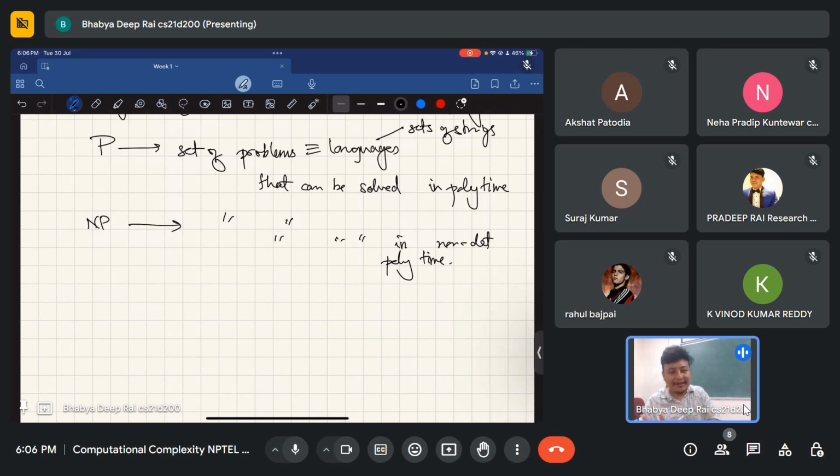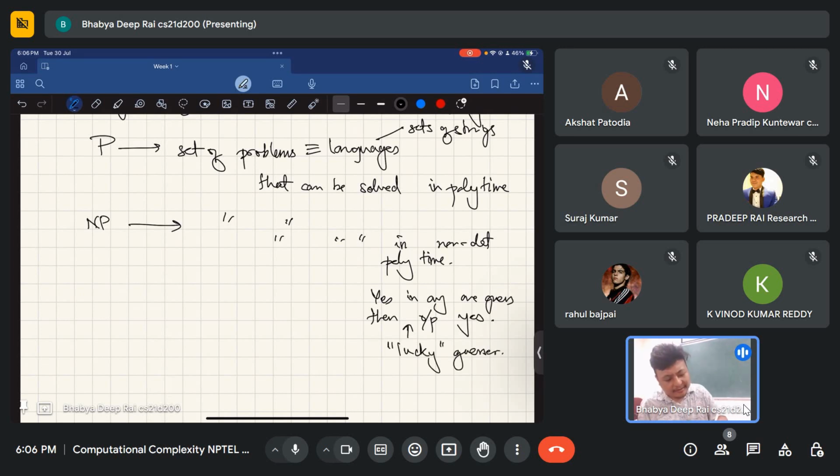One way to look at it is you have a special kind of machine called a non-deterministic Turing machine, which can make several guesses, and if the answer is yes in any one guess, then the machine outputs yes. So this can be thought of as an extremely lucky guesser.